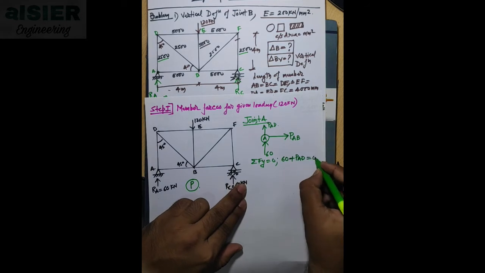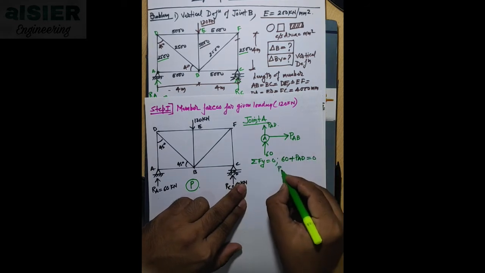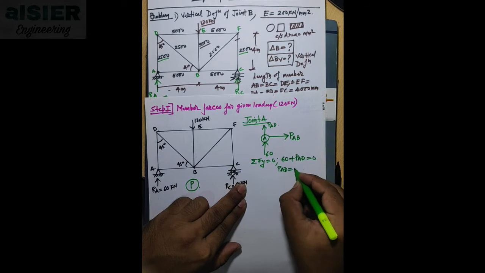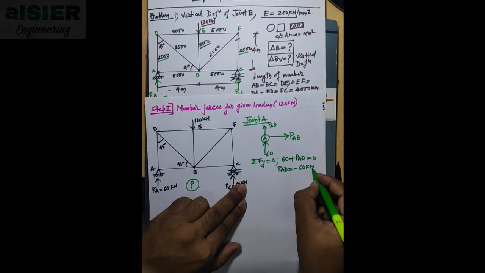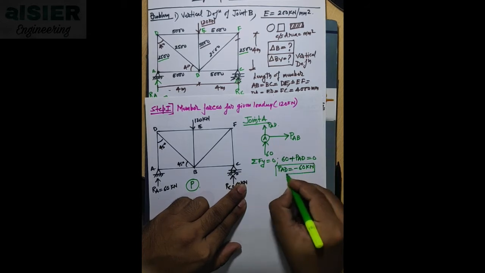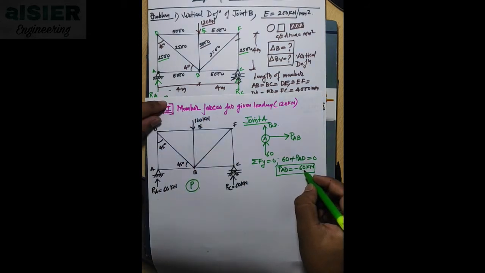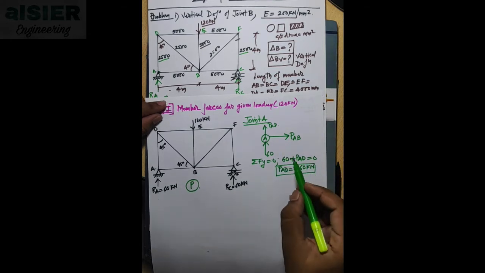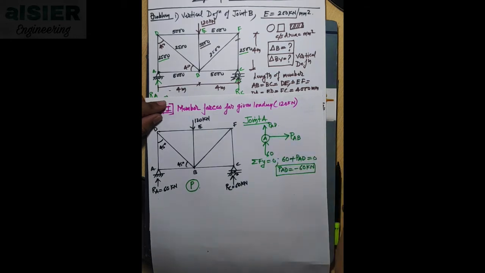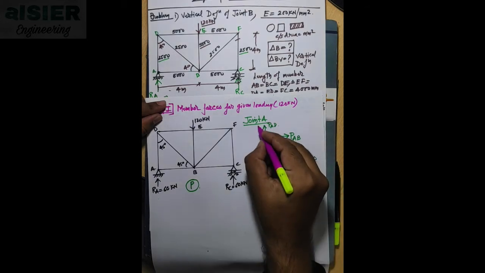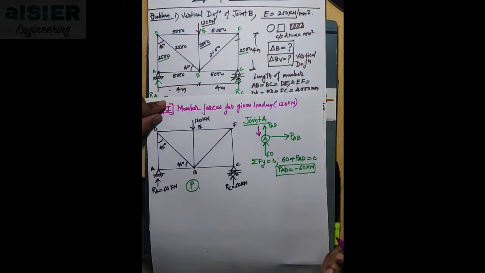No, and therefore 0. So from this equation we will get PAD equals minus 60. Now what it means? It means that our answer 60 is correct, but our assumption was false. So the direction of PAD is not this, but the direction of PAD should be like this, towards the joint.